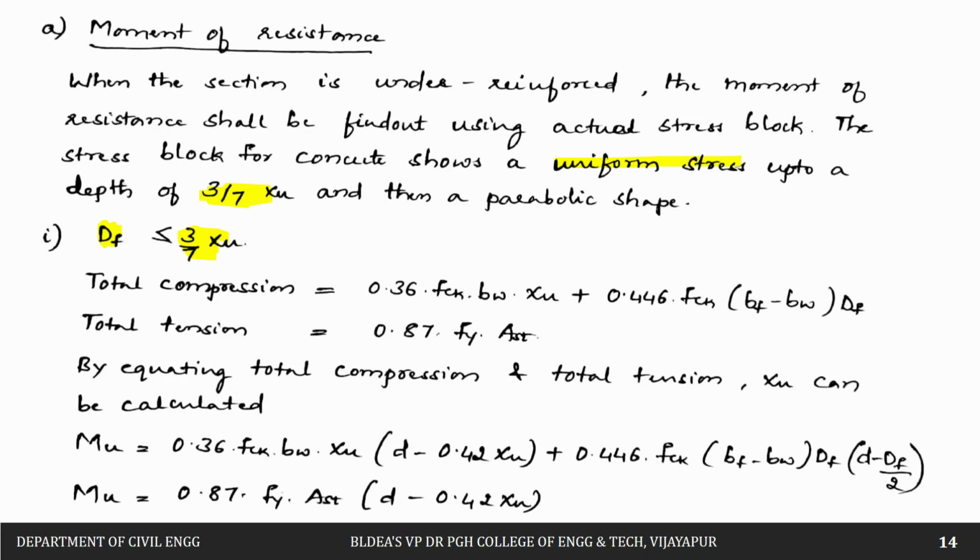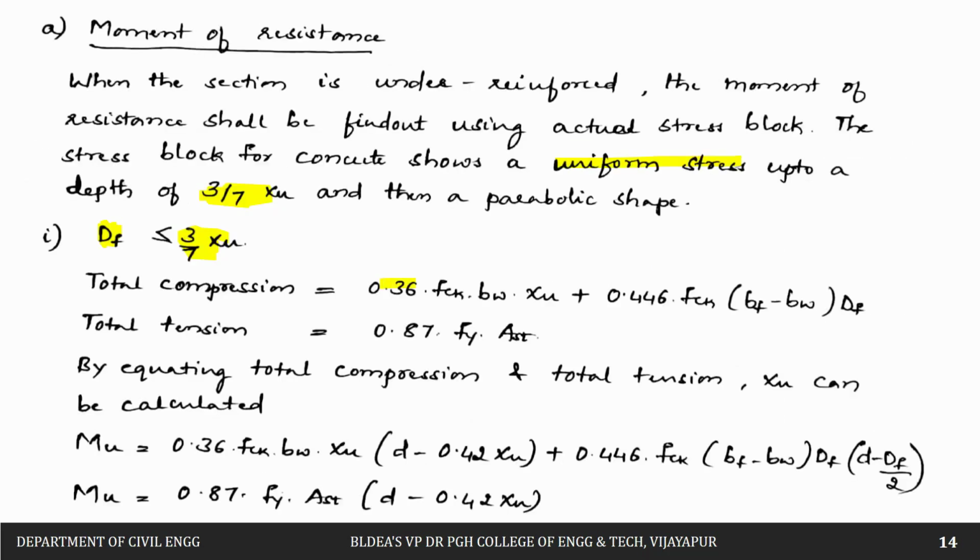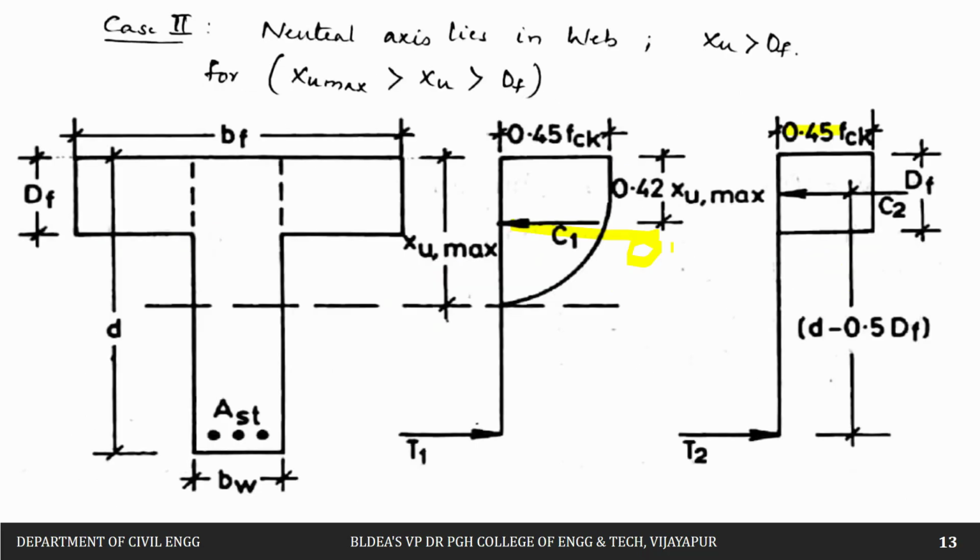If it is a uniform stress, then next is the total compression. For this rectangular section we have already seen 0.36 fck into bw into XU. Total compression will be equal to this, which is for the rectangular section, plus this one will be the addition for that remaining portion. That is approximately 0.45, actually if you see, this is nothing but 0.446 fck.